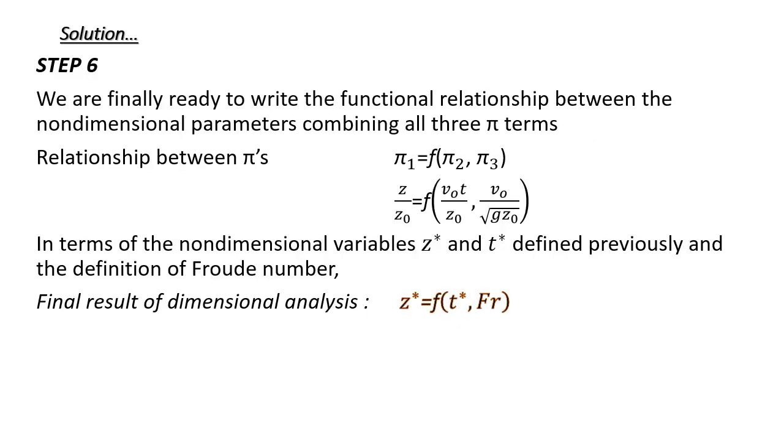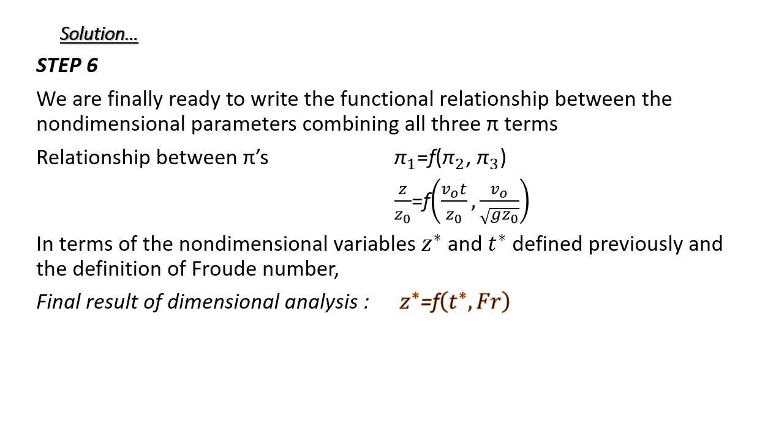So we are finally into the last step, wherein we combine all these pi terms and write the functional relationship between the non-dimensional parameters. Pi 1 was the dependent pi term because we had multiplied z there, and pi 2 and pi 3 were independent. So the pi 1 expression we got is z by z naught, equal to a function of the pi 2 term, v naught t by z naught, and pi 3 as we modified it.